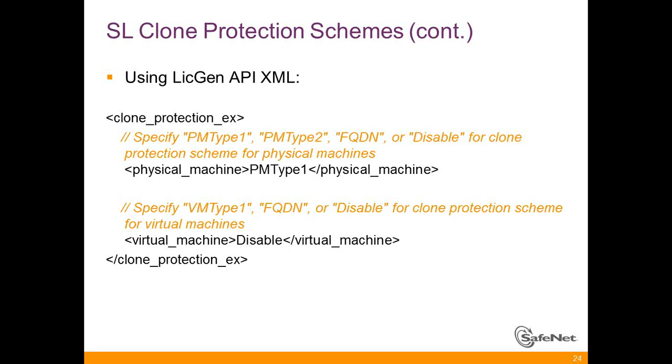For instance, here we see that PMType1 was defined for the physical machine, which means as usual, but you even disable the virtual machine clone protection, which means a virtual machine will never be considered a clone, never. So this is another option, and as you can see, there is a lot of variety that can be offered for any ISV to define the criteria as he likes.